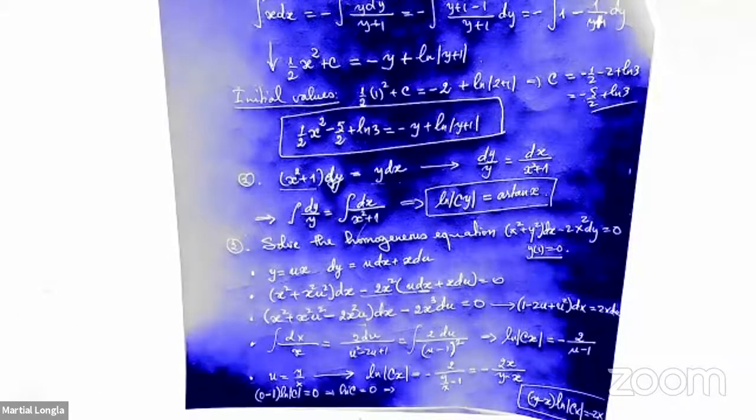What is c? One. So c is 1. You just replace that by 1 here, and then you get (y minus x) ln of the absolute value of x equals minus 2x.